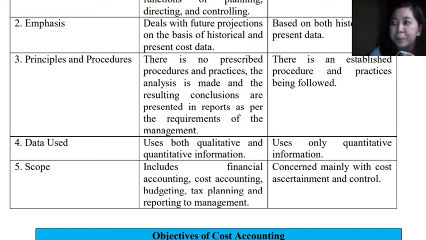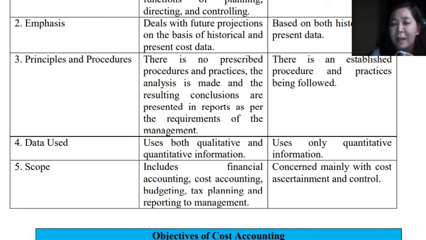While under cost accounting, we only use quantitative information, because again we are concerned with costs. So that's why we are focused on the quantitative information. And lastly, based on the scope. Under management accounting, they include financial accounting, cost accounting, budgeting, tax, and reporting to management.